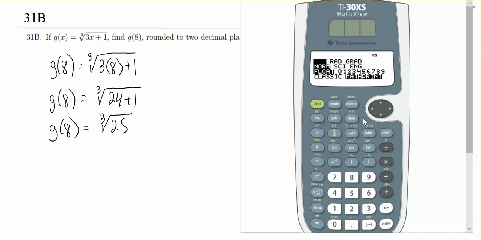Now, if we get out of our fancy math print mode, so if you have a different calculator than this, and you want to do 25 to the 1/3 power, just remember that you need parentheses to say the 1/3 is all in the exponent. Otherwise, if you type in 25 to the 1/3, then your calculator is going to follow order of operations to a T. It's going to do parentheses, there are none, then exponents.